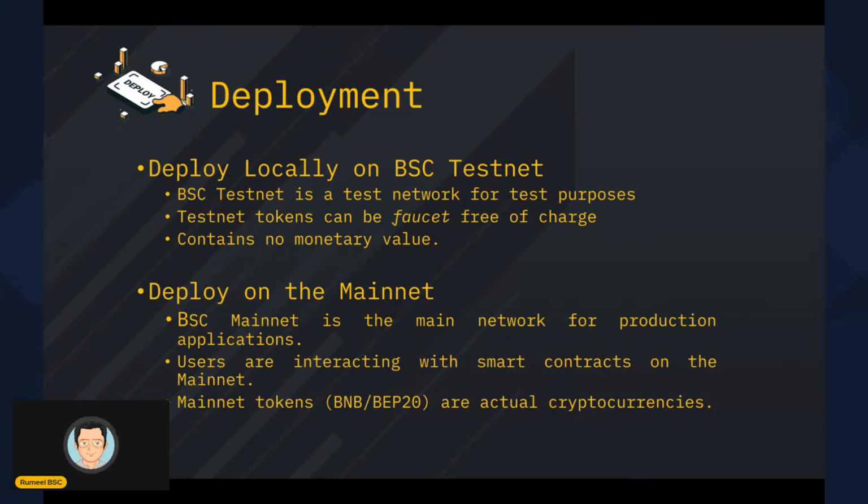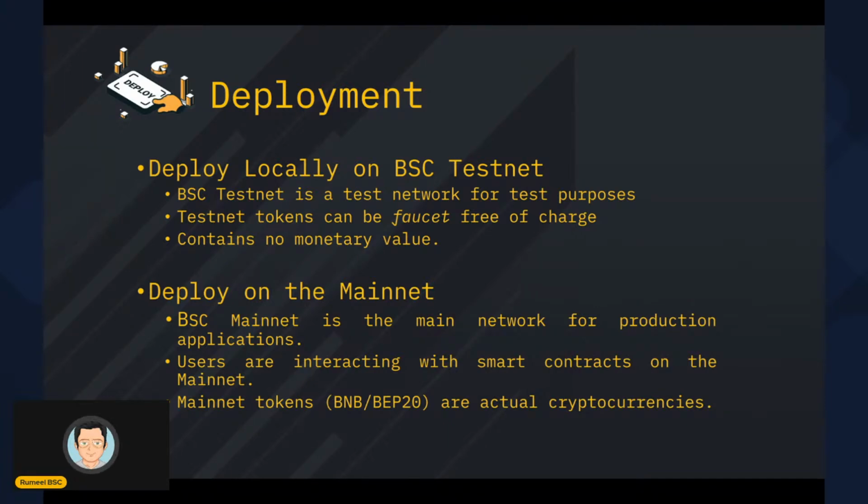In our traditional applications, once we pass all the test cases and scenarios on the staging servers, we go to the production one, from development to production. Same here: once we pass our application on the testnet and check that it's working fine, definitely we will move to the mainnet for the production environment.